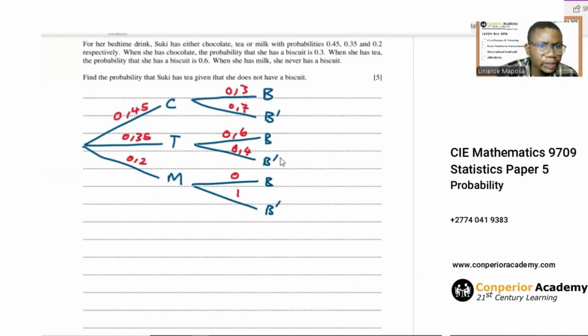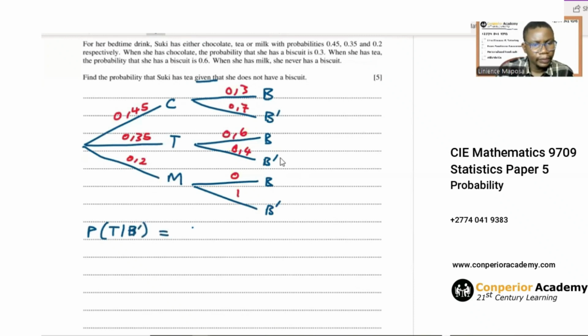Now find the probability that Suki has tea given that she does not have a biscuit. So that means this is a keyword, given that. So I'm going to write probability that Suki has tea given that she does not have a biscuit, so that's biscuit complement, B complement.